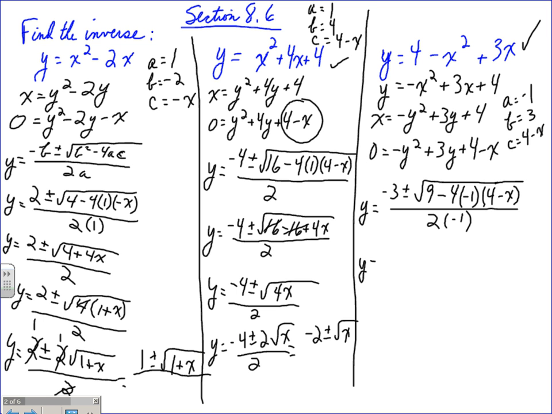So y equals negative 3 plus or minus the square root of 9. All right, let's figure out the discriminant now. Negative 4 times negative 1 is positive 4. 4 times 4 is 16. And 4 times negative x is negative 4x. All over negative 2.